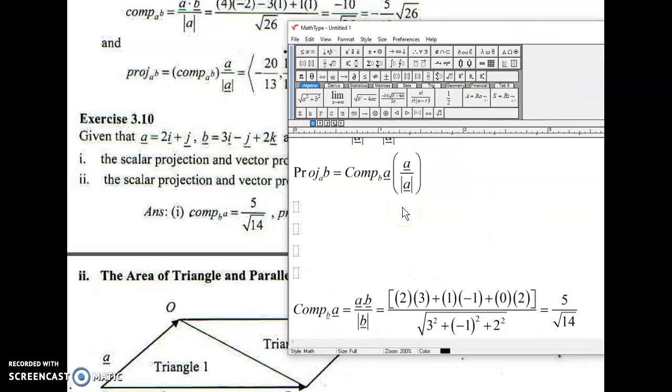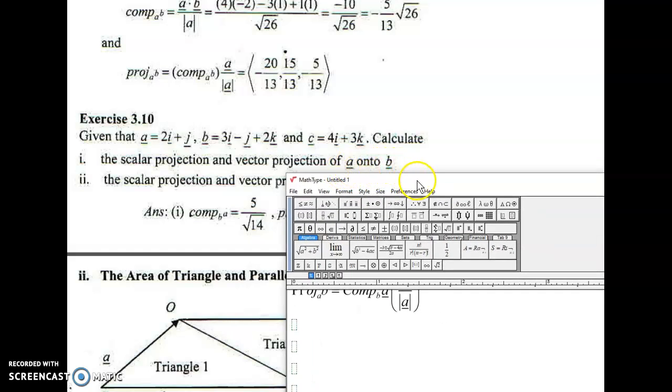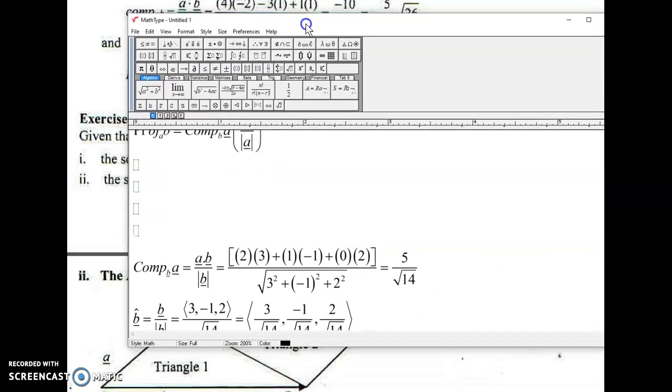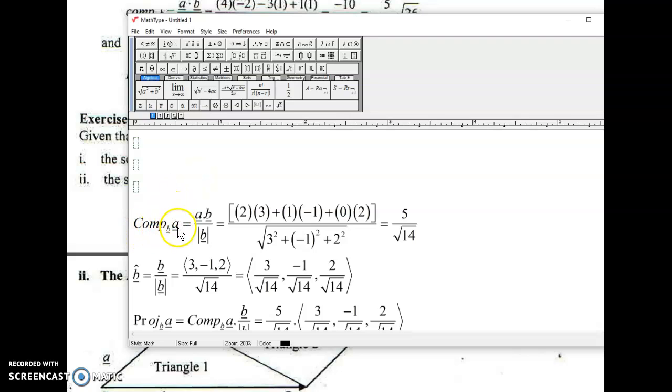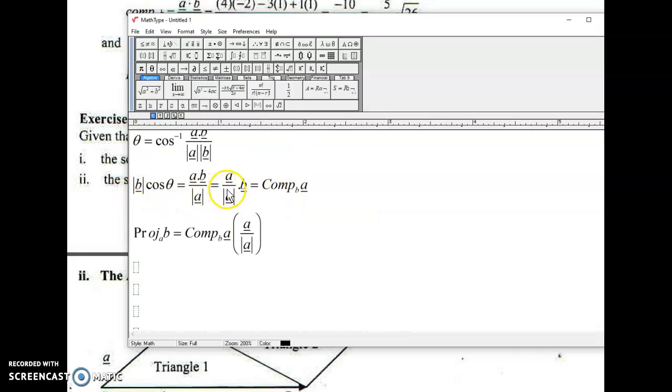First, the scalar projection of A onto B. To find the scalar projection, or the component or magnitude, we use the formula of the component of A onto B. You can choose either way to calculate, but the easiest, direct formula that we can just plug in and calculate is this one, because we don't have the angle just yet.